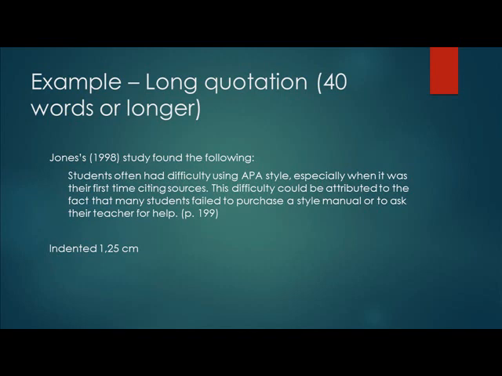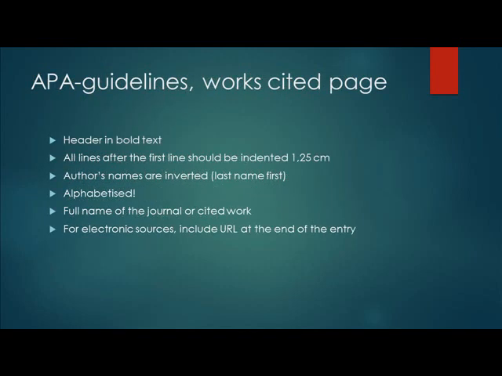So, moving on. And here comes the APA guidelines for the works cited page. What is a works cited page, you ask? Well, when you have done all your referencing and your in-text citation in your text, you might notice that I can't see the name of the book or the article or the website where you got your information from.